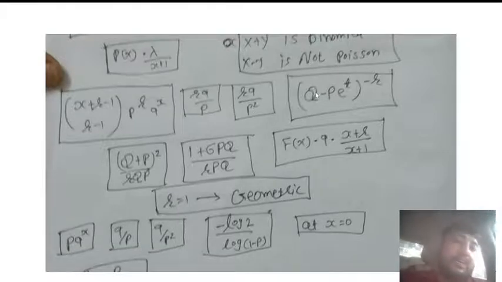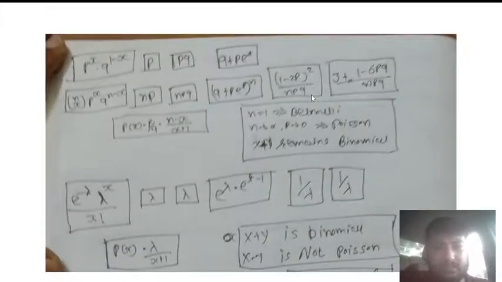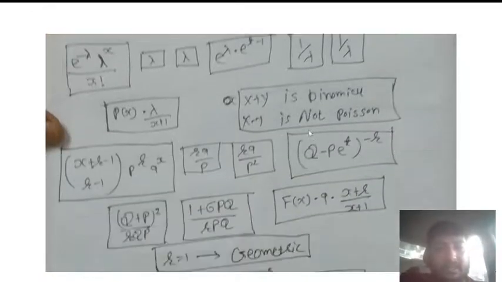Now that is tricky: the moment generating function is (capital Q minus capital P e raised to t) all raised to minus r. What are capital Q and P? Remember, for the binomial we have (q plus p e raised to t) all raised to n, but here it is (Q minus P e raised to t) all raised to minus r, and in place of plus it's minus. So it is somewhat similar to a binomial distribution.